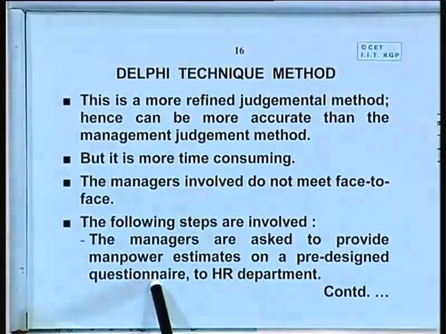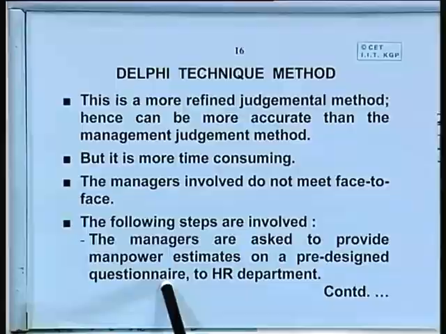So, the HR department, after approval of top management, makes a questionnaire. Like if it is going to sales people: what is the total volume of products, and what is the rupee value done last year? Next question, what is the forecast which you have for selling next year?